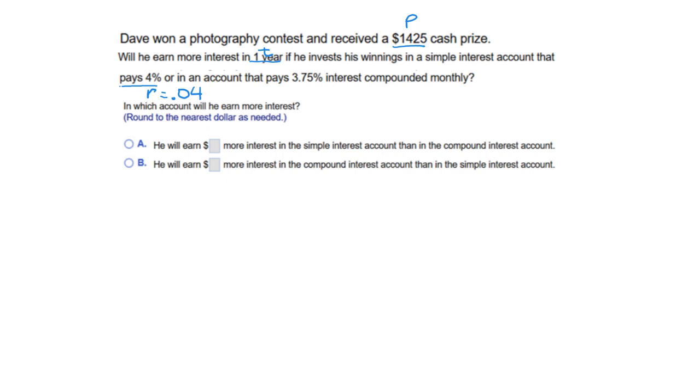The second is an account that pays interest of 0.0375 compounded monthly, which makes n equal to 12. So time is 1 for both, and the principal is the same for both. So I'll take a look at the first, the simple interest.